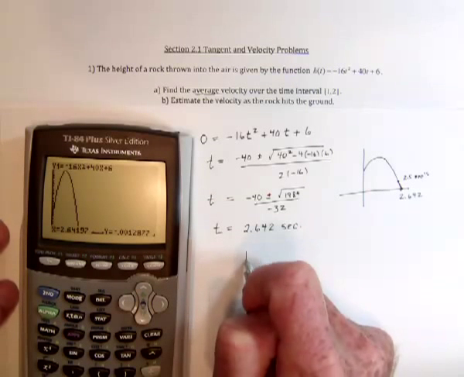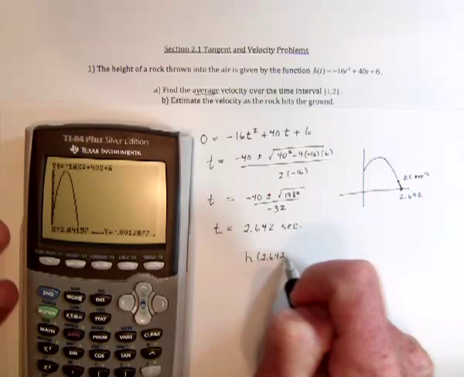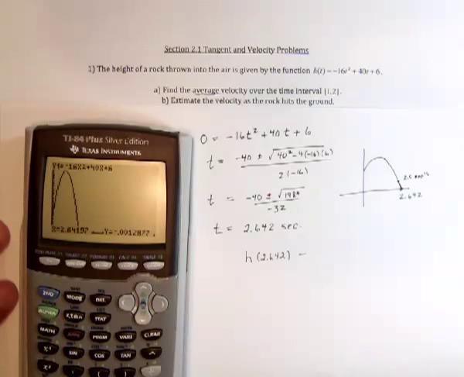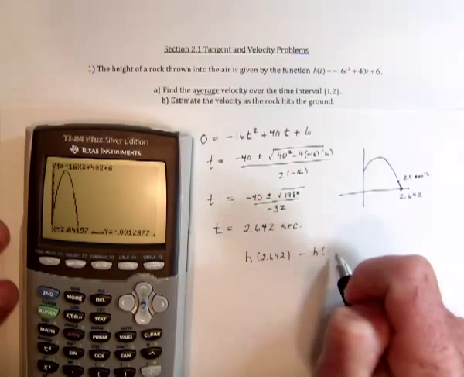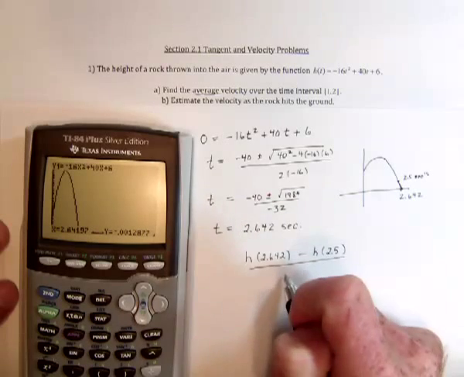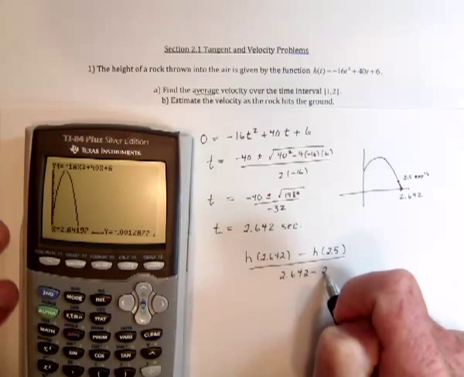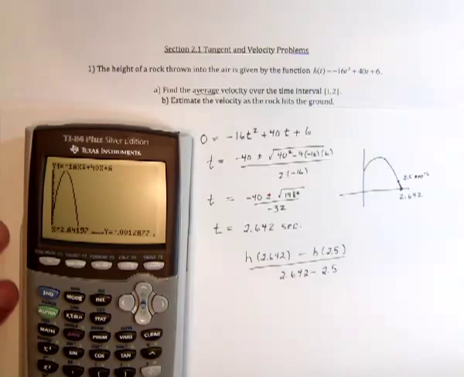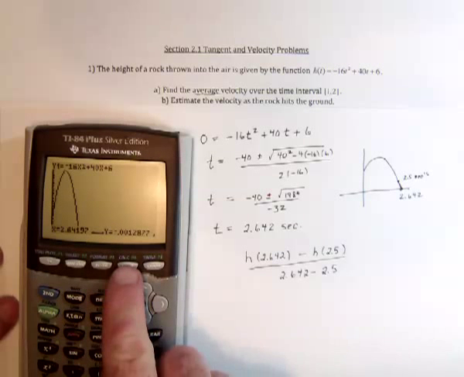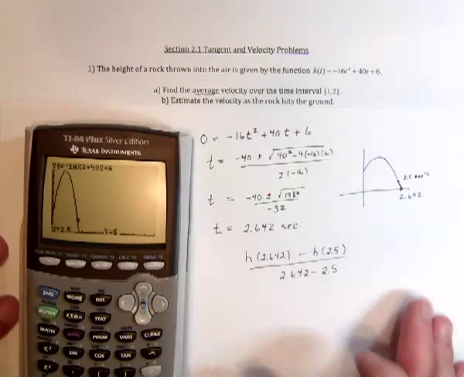So we need the height at 2.642, which happens to be 0. We need the height right before that, 2.5 seconds. And then subtract these 2 times. So right now, to save a little bit of time on this video, I'm going to substitute the 2.5 to find out the height was 6 feet.